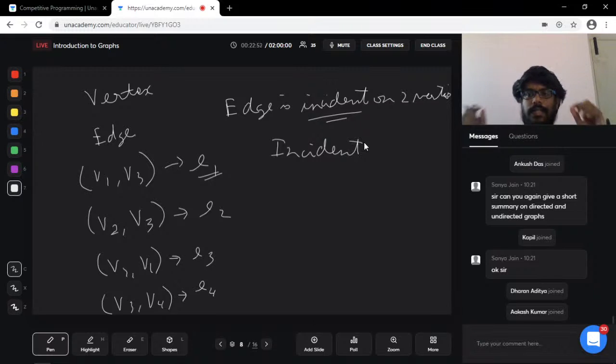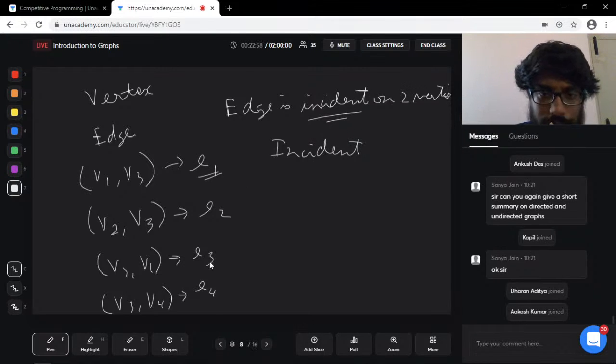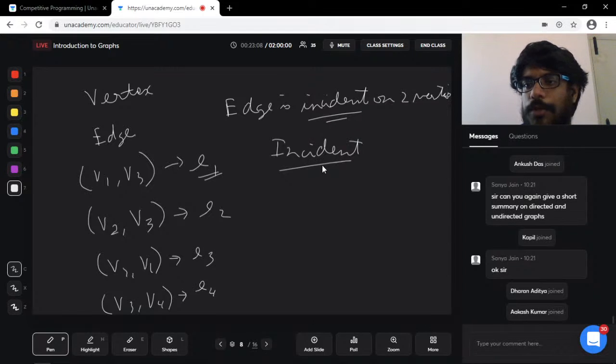It just means the 2 vertices it is connecting. This edge is said to be incident on these 2 vertices. So the edge E3 is incident on the vertices V3 and V1. That is one term you should use. The other term I want to use is adjacency.